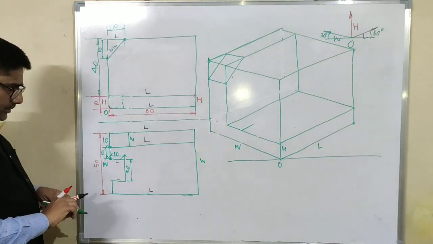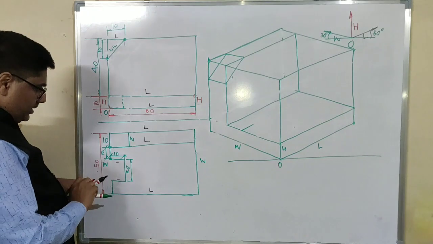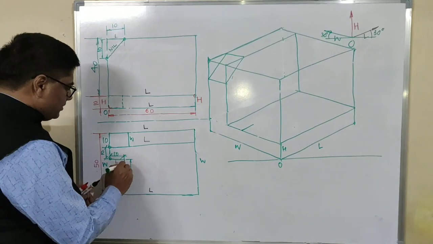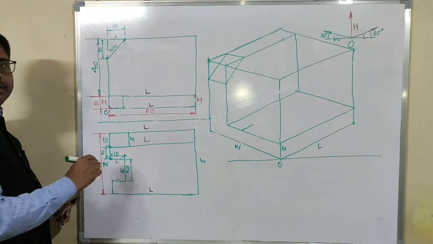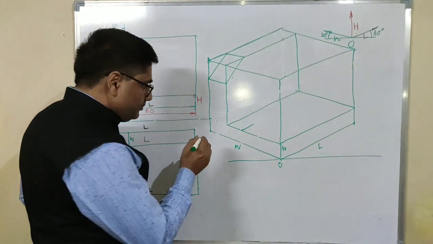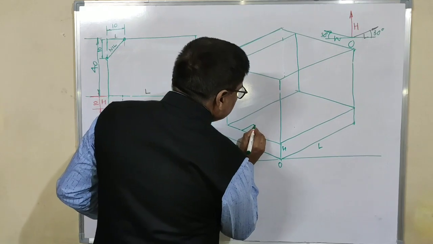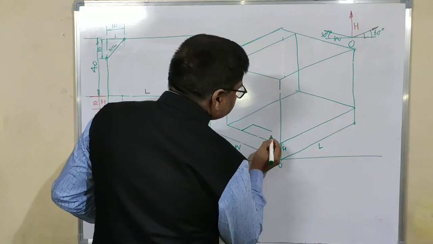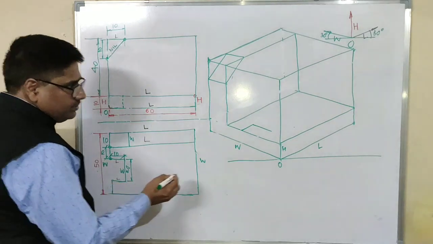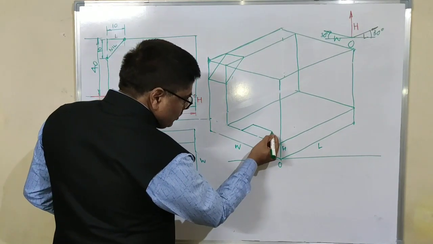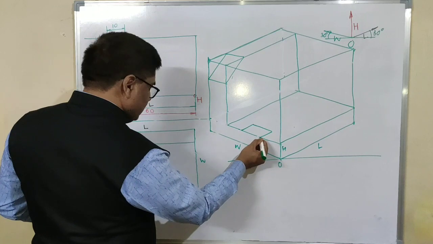Then we want to draw this line, 20 mm line. For that, we have to go parallel to width, in width direction 20 mm. Then let's draw this line. For that, we need to go parallel to length.